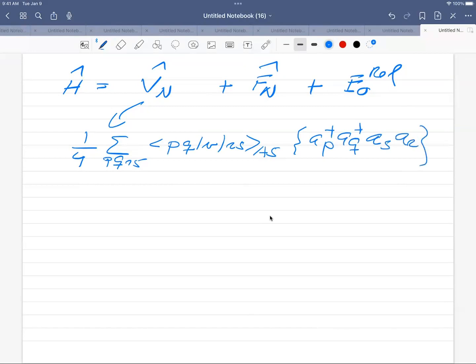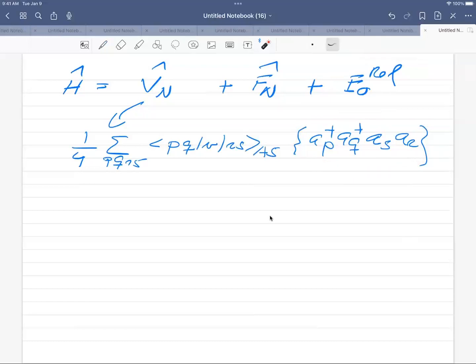So when this acts on the vacuum state, it has an annihilation operator acting on the vacuum state. And then when we take a vacuum to vacuum expectation value, this quantity is actually going to give us 0, because the vacuum to vacuum expectation value is contained in this term here.